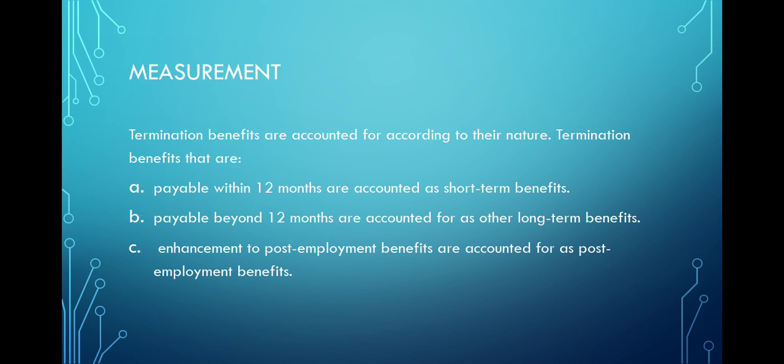Measurement. Termination benefits are accounted for according to their nature. Termination benefits that are A, payable within 12 months, are accounted for as short-term benefits; B, payable beyond 12 months, are accounted for as other long-term benefits; and C, enhancements to post-employment benefits, are accounted for as post-employment benefits.